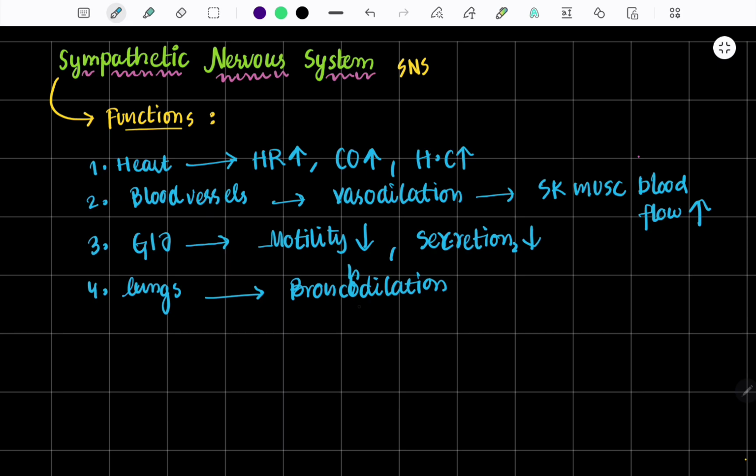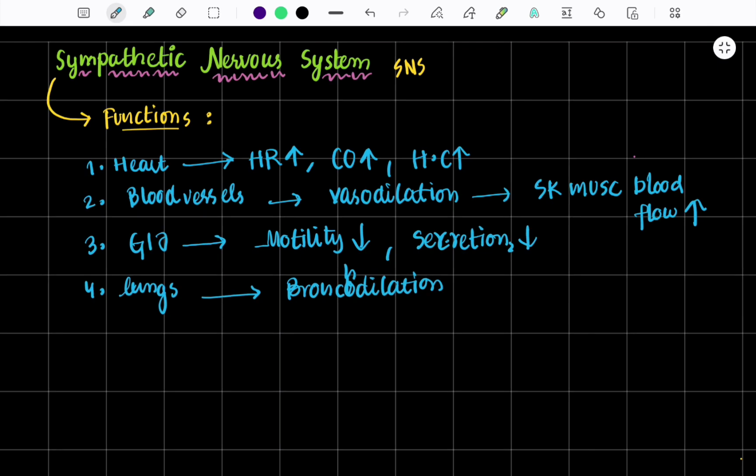The bronchi dilate more, right? When we talk about the liver, you have to remember that there is increased release of glucose, right? Because muscles need fuel, and that fuel is provided by the release of glucose from the liver.